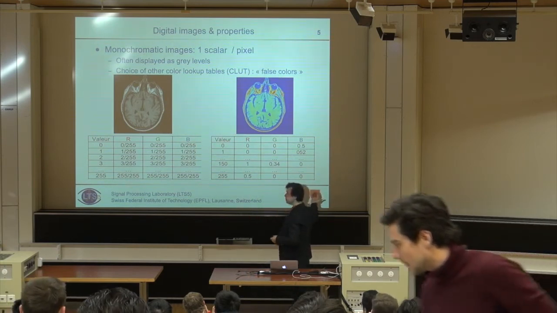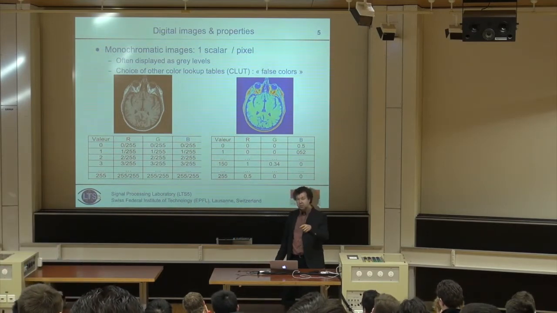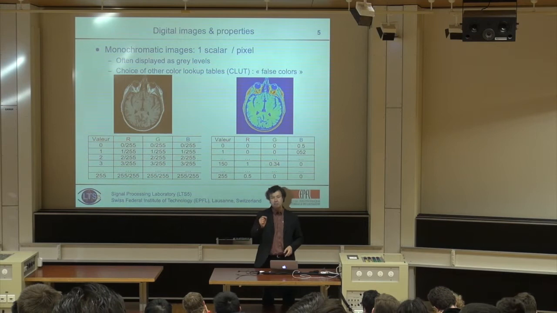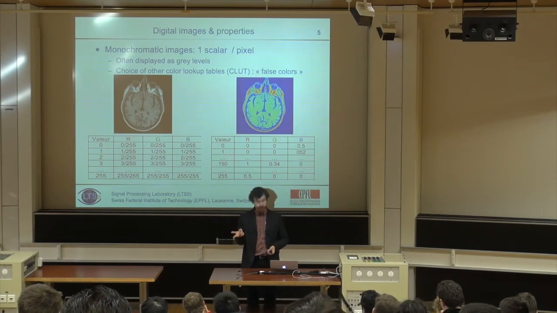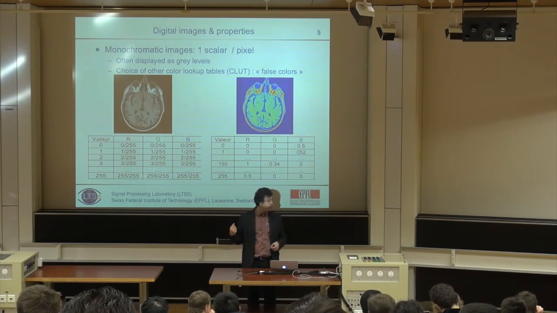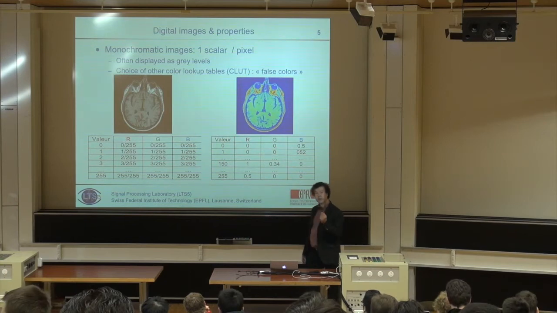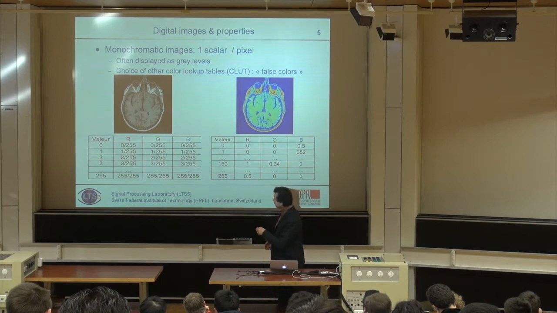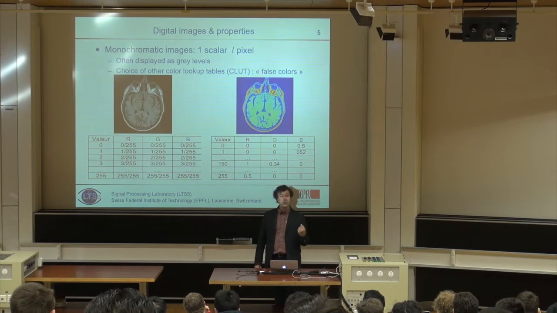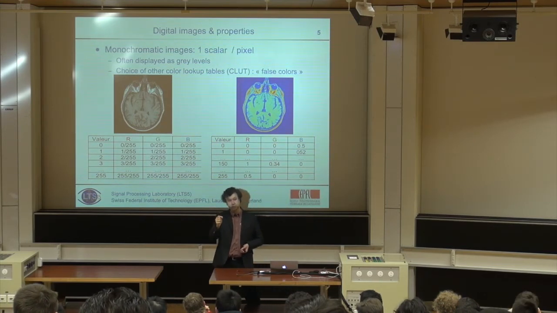When I display something on the screen here, what I have to tell the beamer is basically, for each pixel, what is the amount of red, green, and blue component. That's how you create a color image, how you create something that you display on the screen. So when you have a monochromatic image that you want to display on the screen, you have to tell the renderer what is the color to put for each of the values of your pixel.